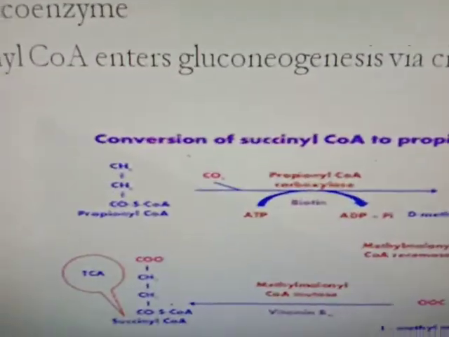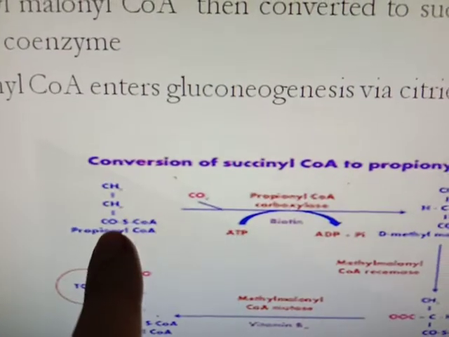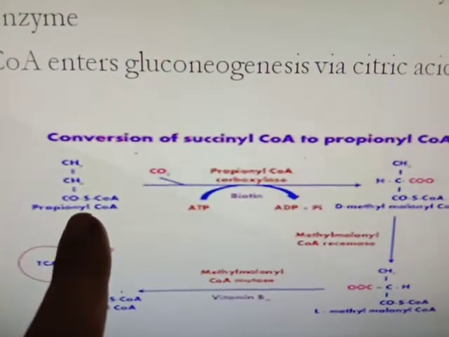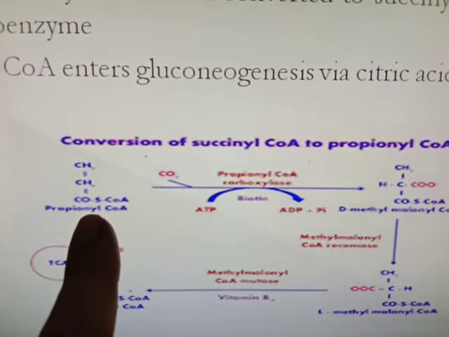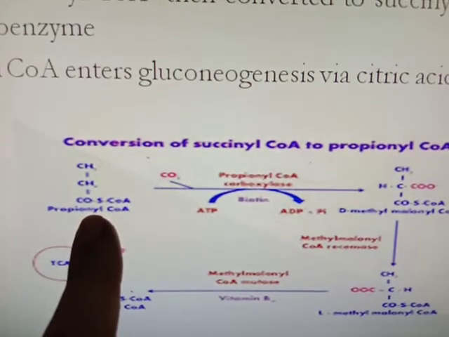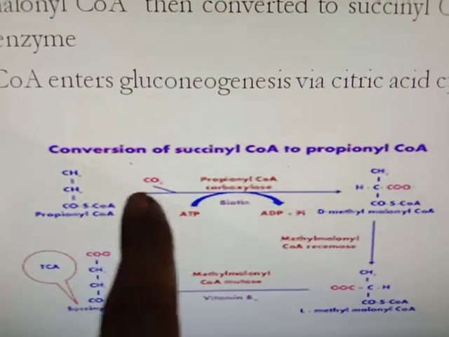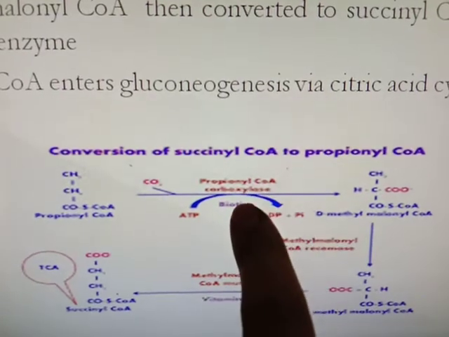Now see here, the propionyl coenzyme A, which is synthesized from oxidation of odd chain fatty acids or methionine and isoleucine, is acted on by propionyl coenzyme A carboxylase.